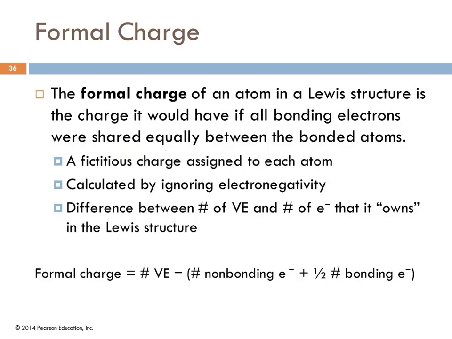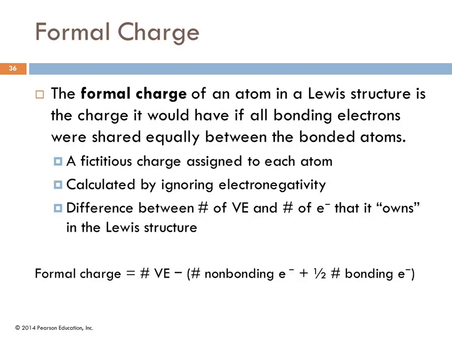And then any non-bonding electrons belong to the atom that they're on. So they give you this formula that the formal charge is the number of valence electrons minus the total of non-bonding electrons plus half the bonding electrons. And if that works for you, great. That just doesn't really work for me very well.